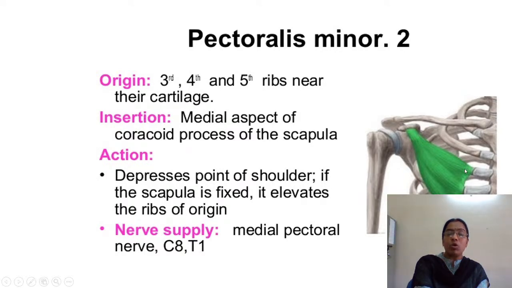The origin is only from the 3rd, 4th and 5th ribs, and it inserts into the medial border and inner surface of the coracoid process of the scapula.